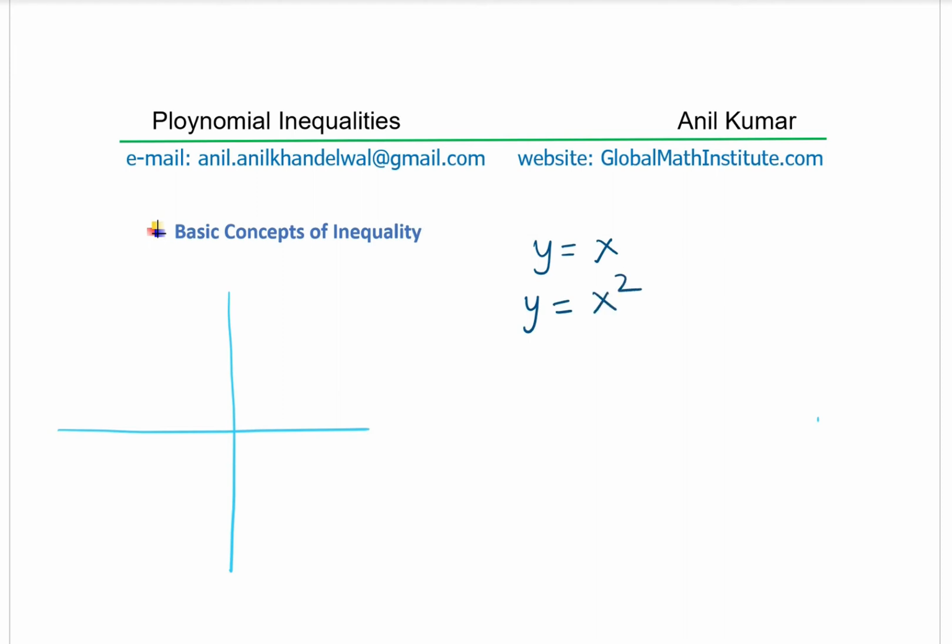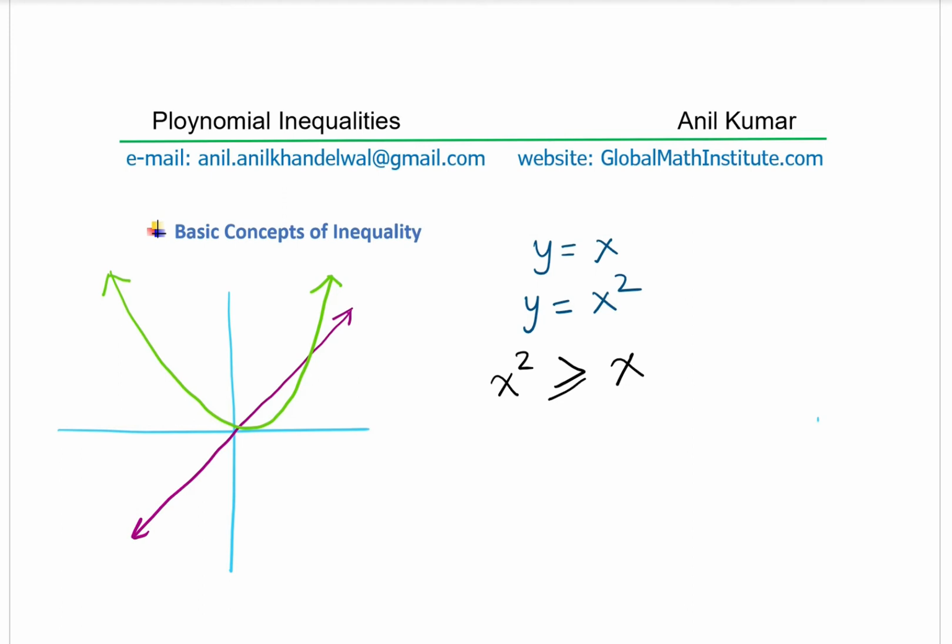If I sketch these graphs, y equals x will be a line which goes through the center, and y equals x squared will be a parabola, drawn like this. Now let us shade the region where x squared is greater than or equal to x.